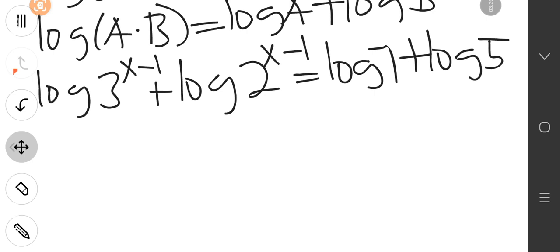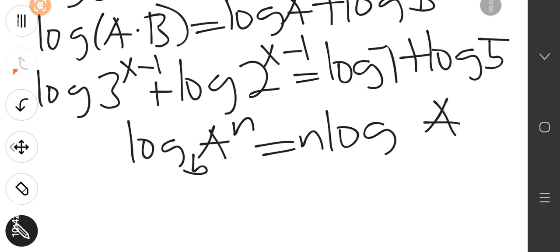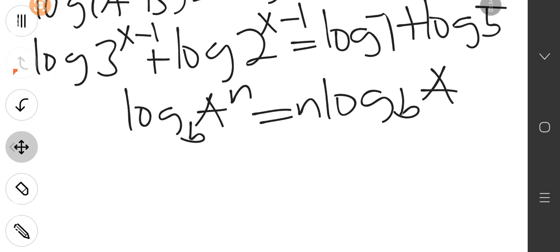Now let's apply the logarithm definition, okay? So log of a^n to base b equals n times log a to base b. All right. So we are going to apply this concept to our equation.